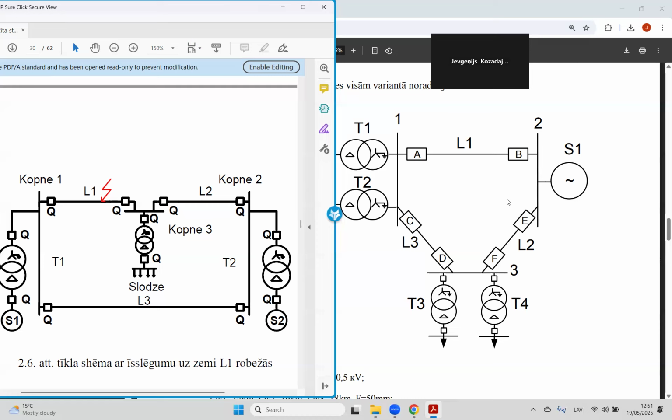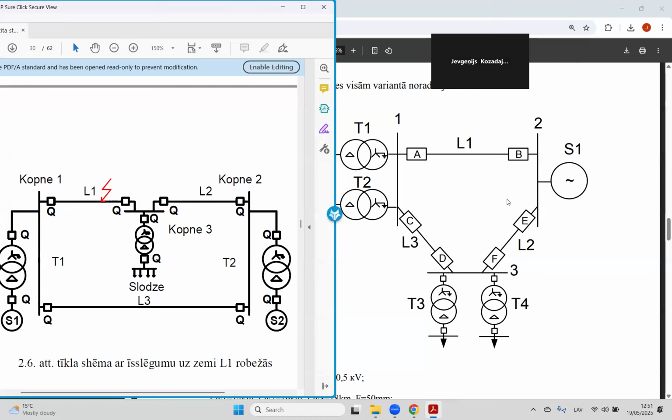So once more, what does directional protection mean? It means that every protection device has its operation direction. If we have a fault current and the direction of the fault current is the same as the protection device direction, we could operate. It is our client, it is our task.